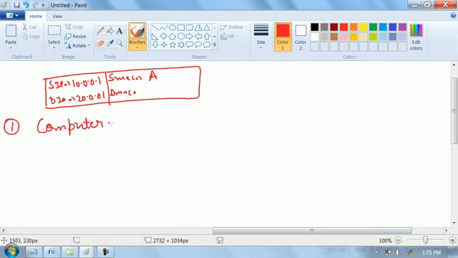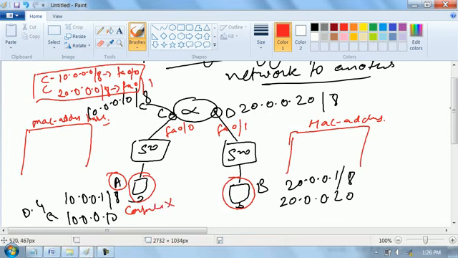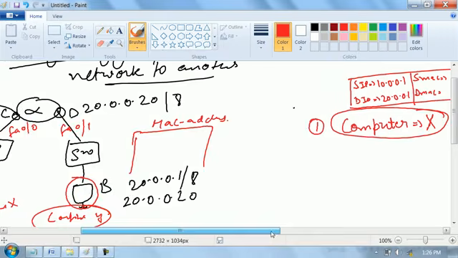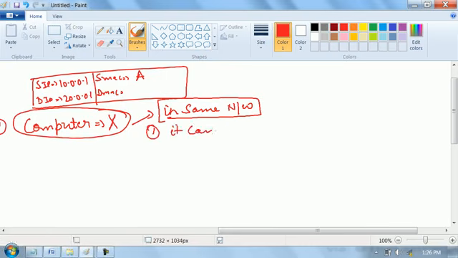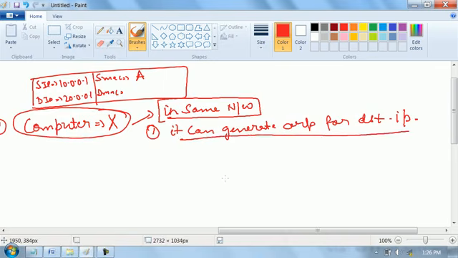Let's say computer X, computer Y. Guys, there can be two cases that computer X is communicating in the same network. First case, when computer A is communicating in the same network. Agree or not? How many people understood this? Everyone? Any problem? Second case, in different networks.